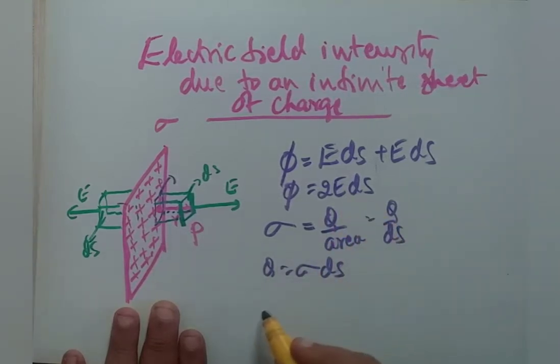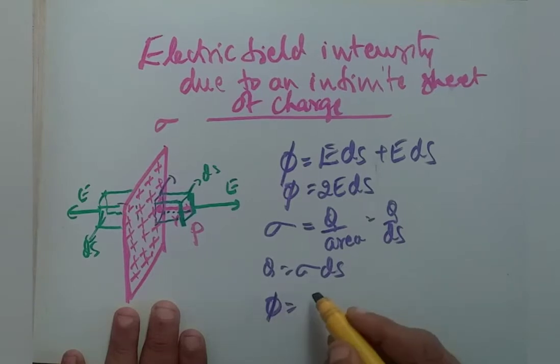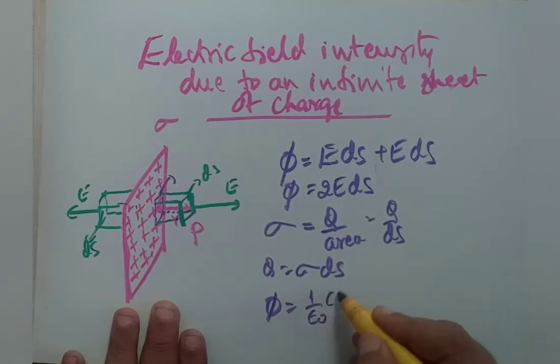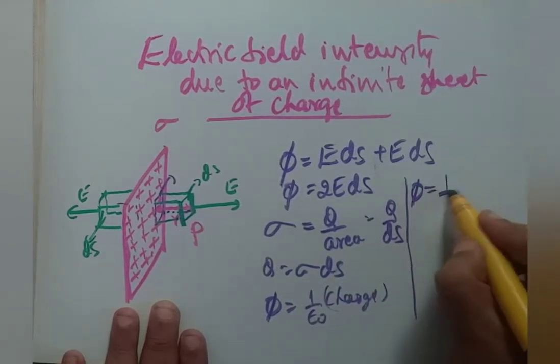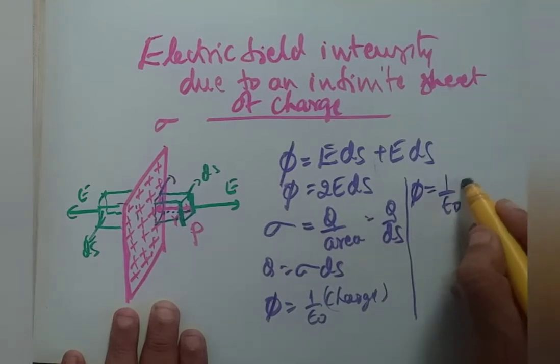If I substitute that here, phi equals 1 by epsilon naught times the charge, according to Gauss law. Phi equals 1 by epsilon naught, the charge being sigma dS.